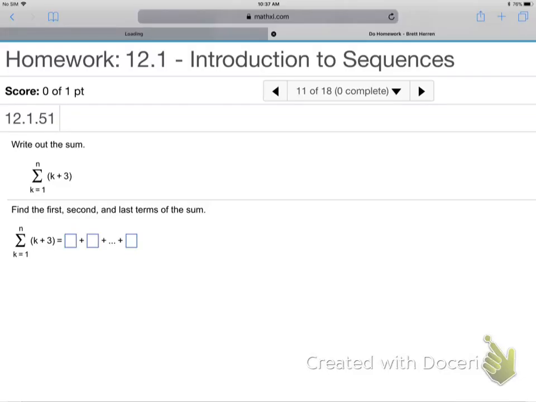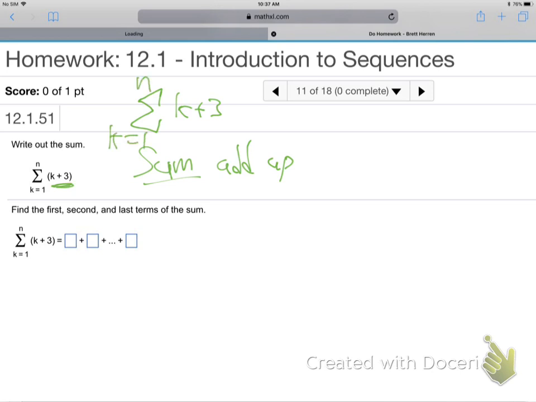Okay, so sigma notation here. Does anybody know what that big symbol is? That's a Greek capital S, sigma. Like I said, it's a big S. It stands for sum, meaning add up. So it's saying add up the formula k plus 3, starting at k equals 1 all the way to n.